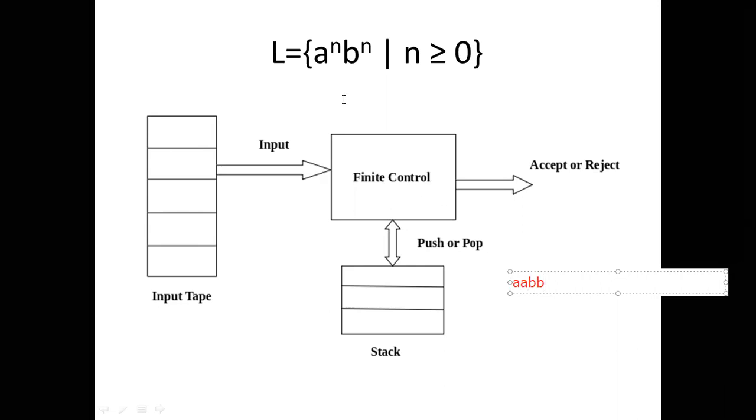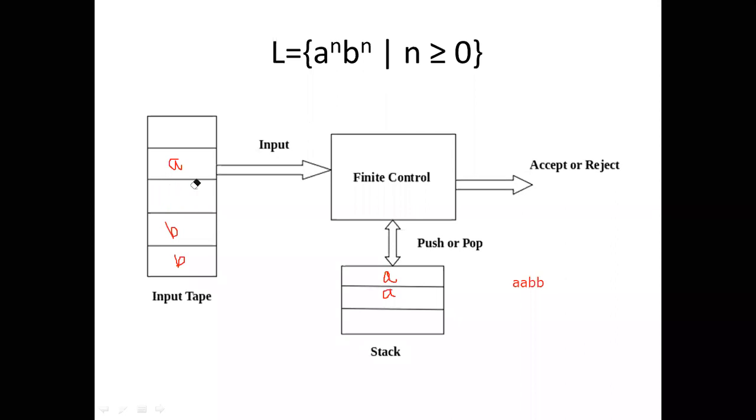It will be stored on the input tape, and when the input tape reads the A symbol, it will store it on the stack. And when it reads another A, it will also store it on the stack like this.